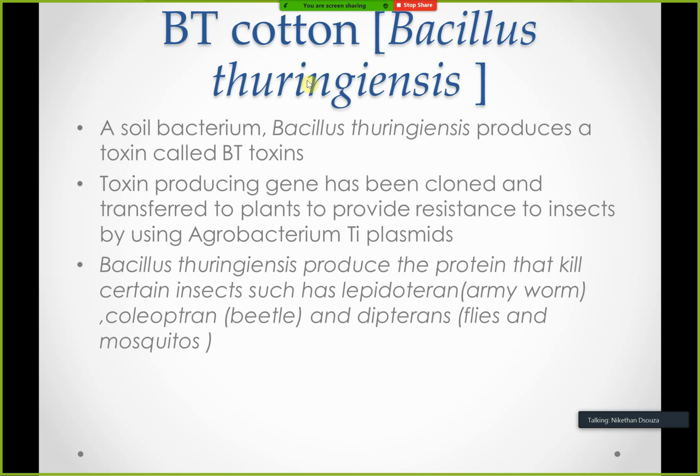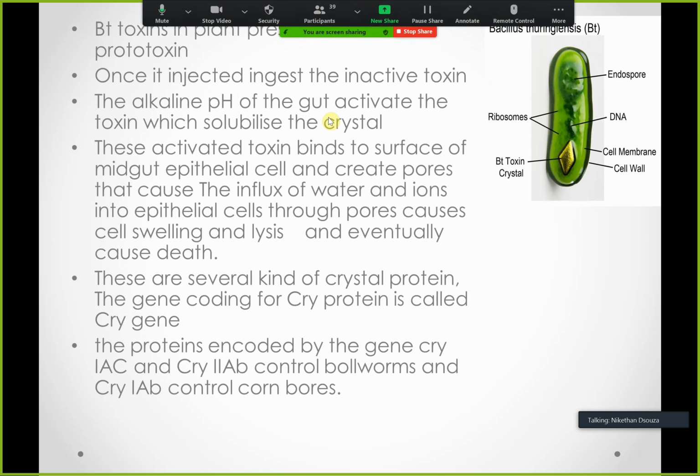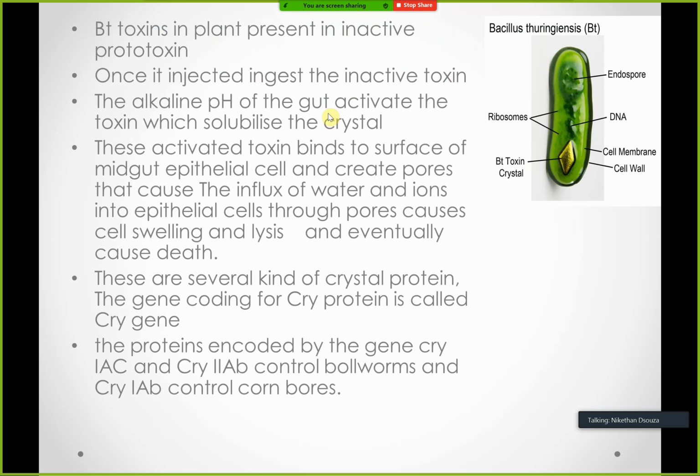When the beetle comes and feeds on the BT cotton, it contains a cry protein, which is a protoxin. It gets activated in the gut of the insect because it has an alkaline pH in the gut. It gets activated only by the alkaline pH.